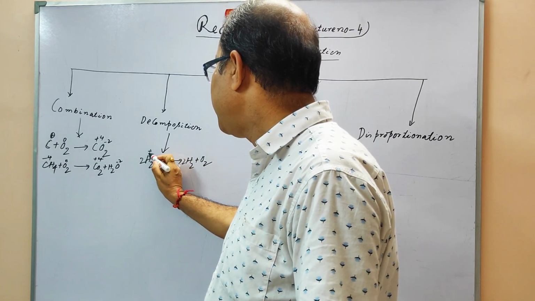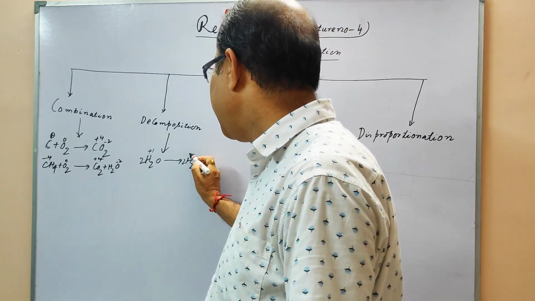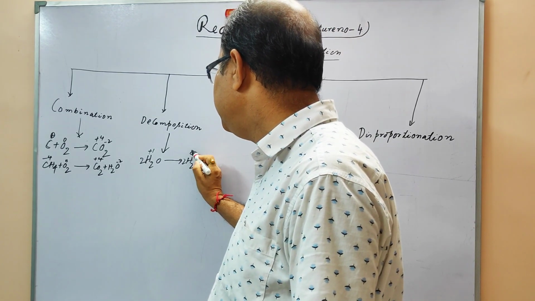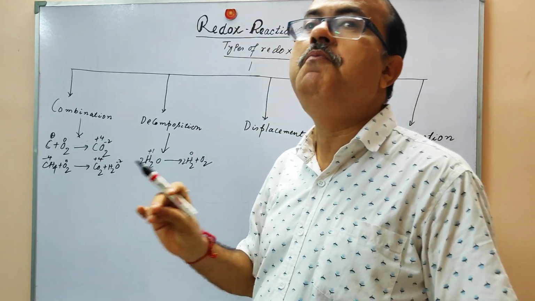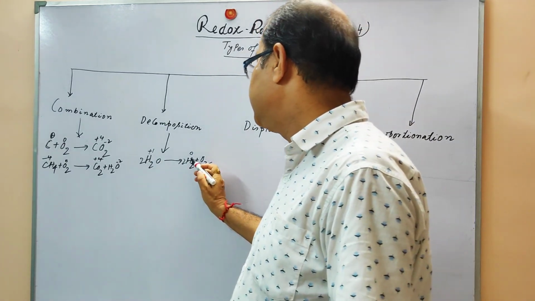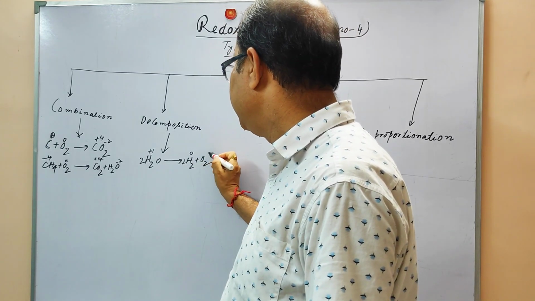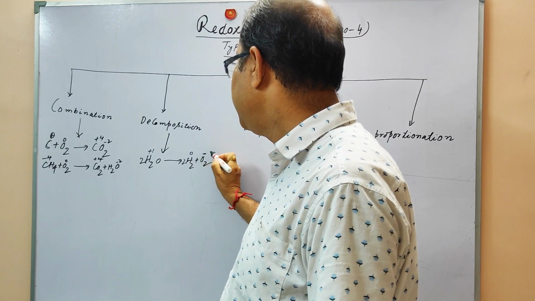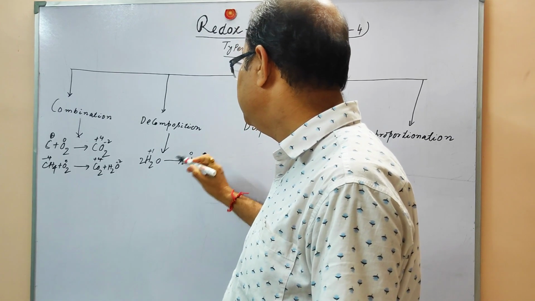Here hydrogen has an oxidation number of +1, and after undergoing the decomposition redox reaction, its oxidation number is 0. Hydrogen is 0, and the oxygen is also 0.